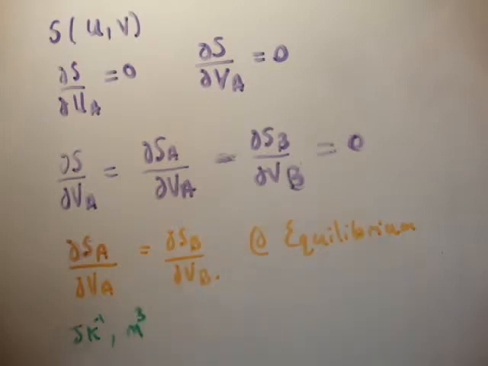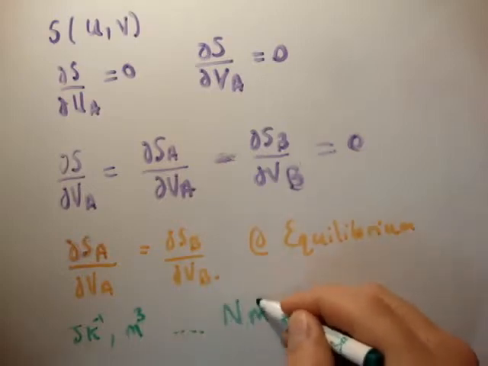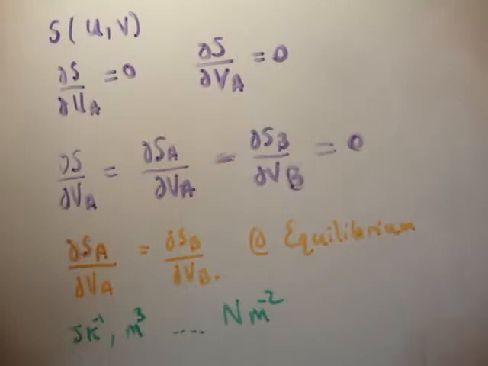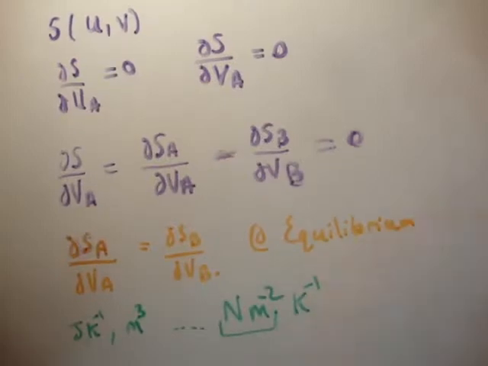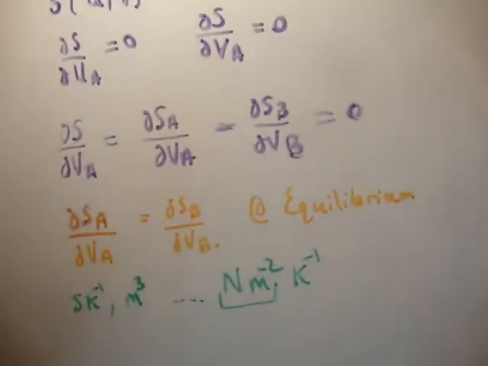The joule is force times distance and so on. We can work it the whole way out if you like, but basically we're going to get newtons per meter squared, and we're also going to get a per Kelvin. We know that newtons per meter squared is force per unit area, that is pressure. So you have this extra per Kelvin term. That makes us suggest the following equation: pressure is T times del S del V holding U and N fixed.